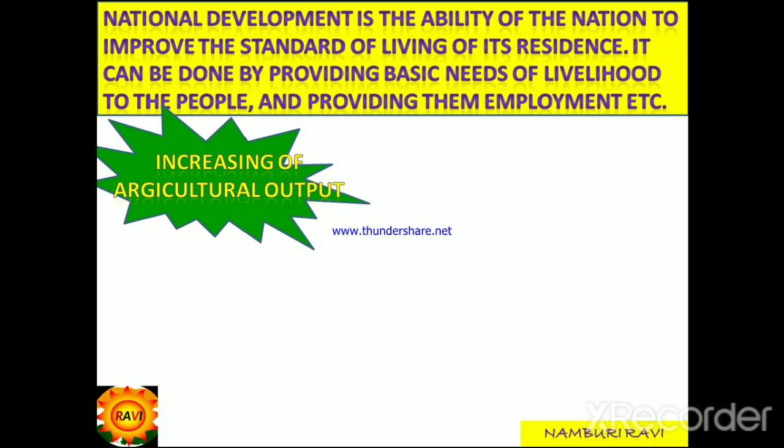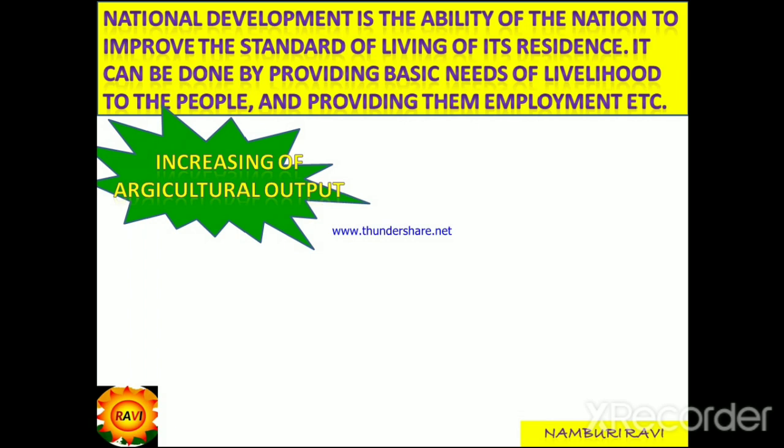There has been a lot of development in the agricultural sector from independence till now. Many changes happened. At the time of independence, only 50% of land was under cultivation. Now a maximum of 97% of land has come under the agricultural sector.